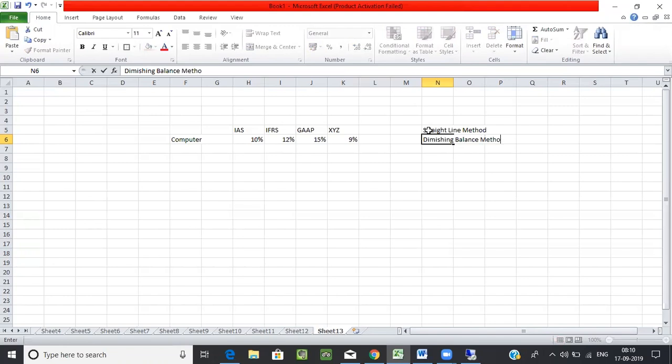There are different methods in the case of depreciation. If I say straight line method, now I have 1 lakh of asset with 10 years at 10%. What does it mean? It will be calculated at 10% each year. So that's going to be 10,000 every year for 10 years, right? For 10 years, this is going to be the same.